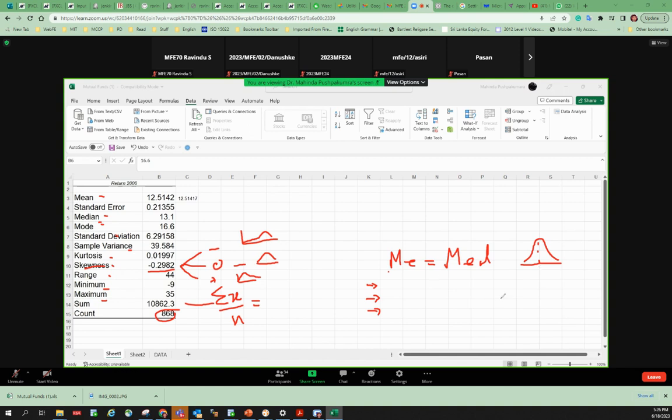Yes. Then the skewness is minus. Then if you compare mean and median, we can say mean is less than the median. Then the distribution is left skewed.